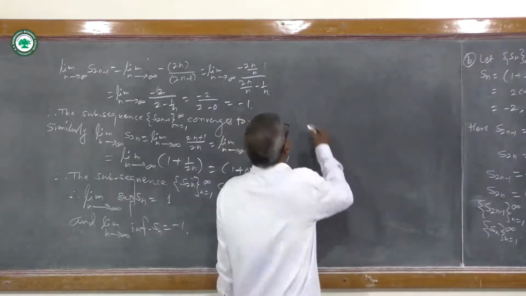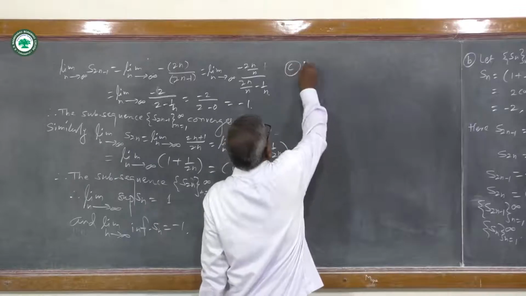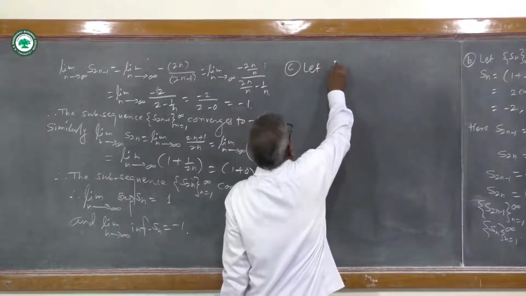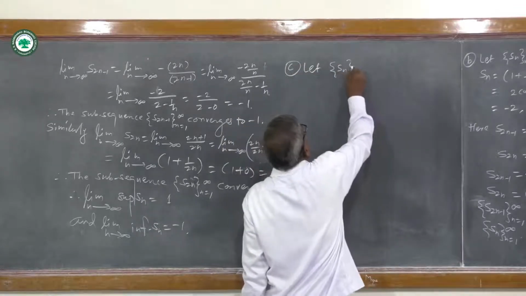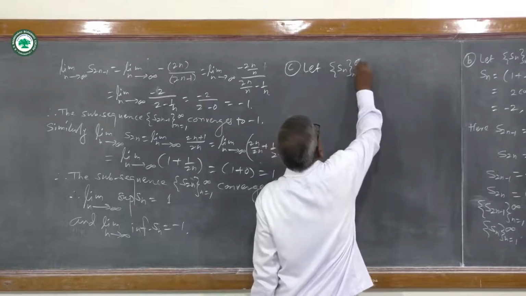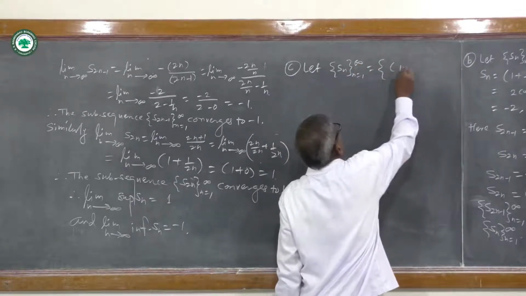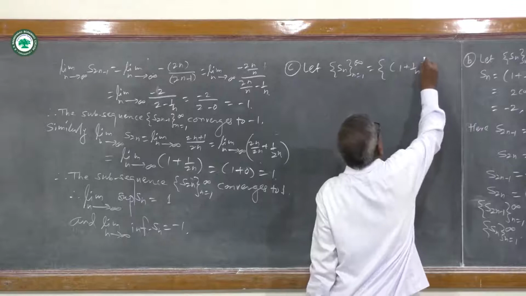Solution of C. Let sequence Sn, n is equal to 1 to infinity, be equal to 1 plus 1 by n raised to n.